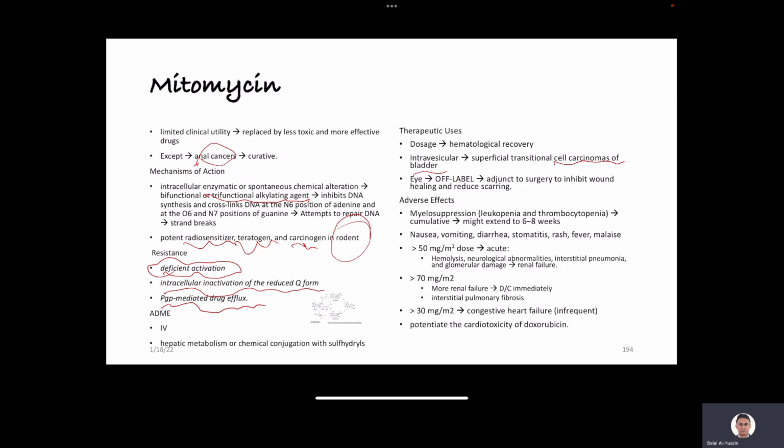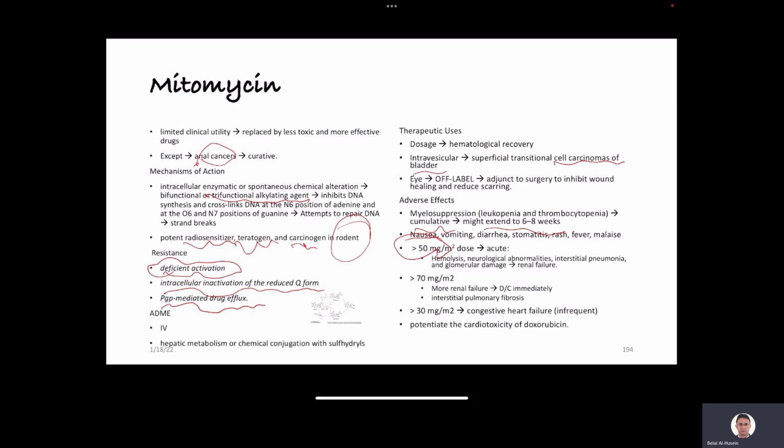Adverse effects include myelosuppression with probability of extension of effect, especially if you receive mitomycin cumulatively, nausea, vomiting, diarrhea, stomatitis, rash, fever, malaise. If you exceed 50 milligrams per meter square dose acutely, you have some side effects like hemolysis, neurological abnormalities, interstitial pneumonia, glomerular damage.